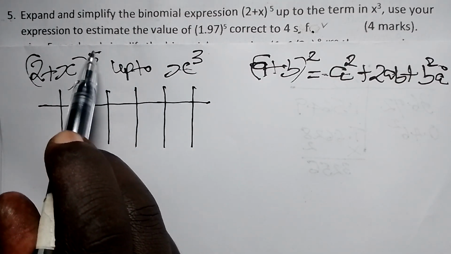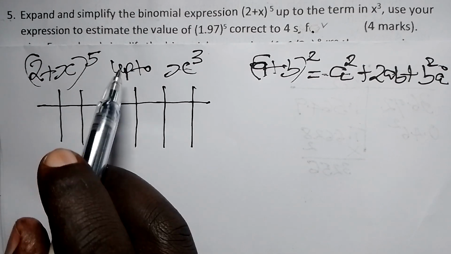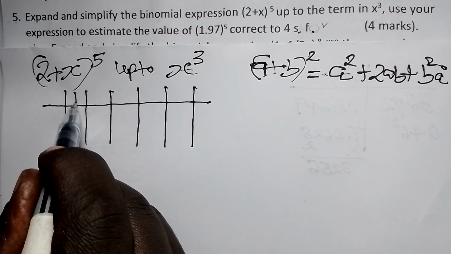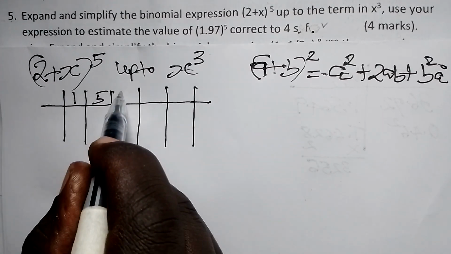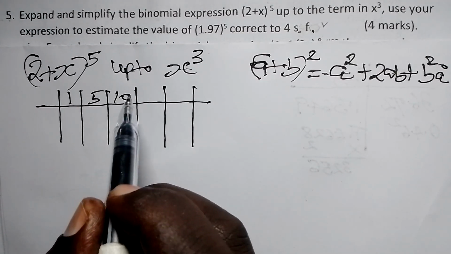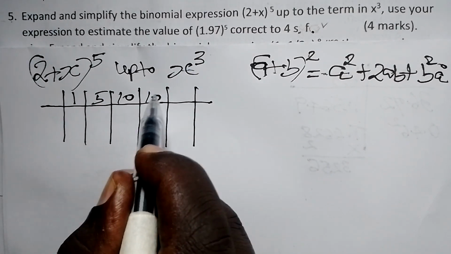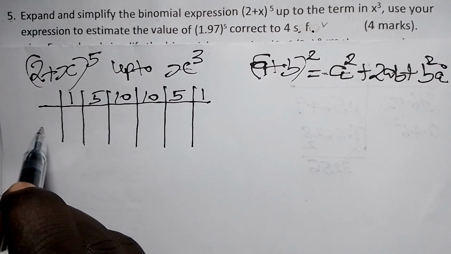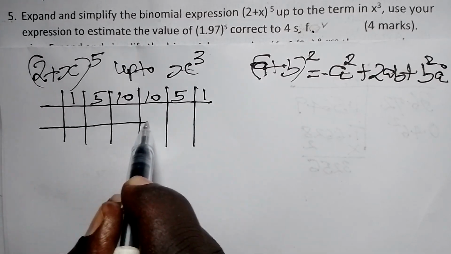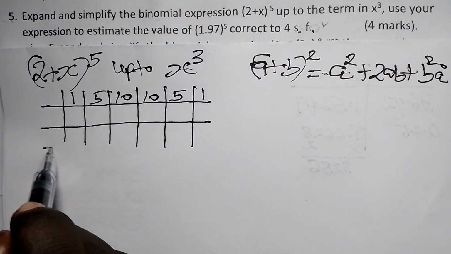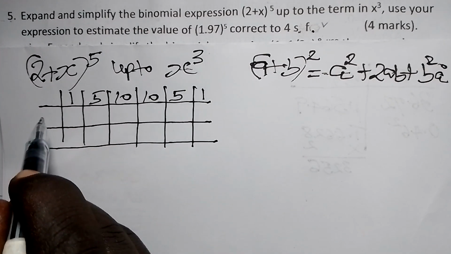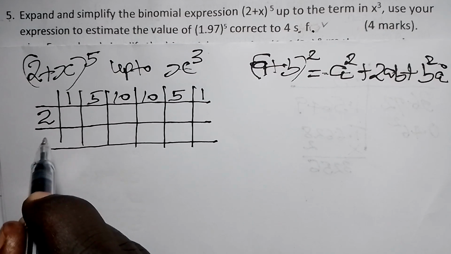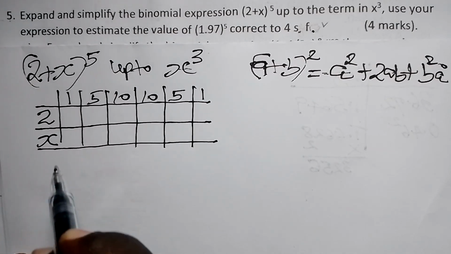When we have power 5, the coefficients of expansion will be 1, 5, 10, 10, 5, and 1. And then we draw 2 rows like this. We write the first term here as 2, and the second term we write here as x.